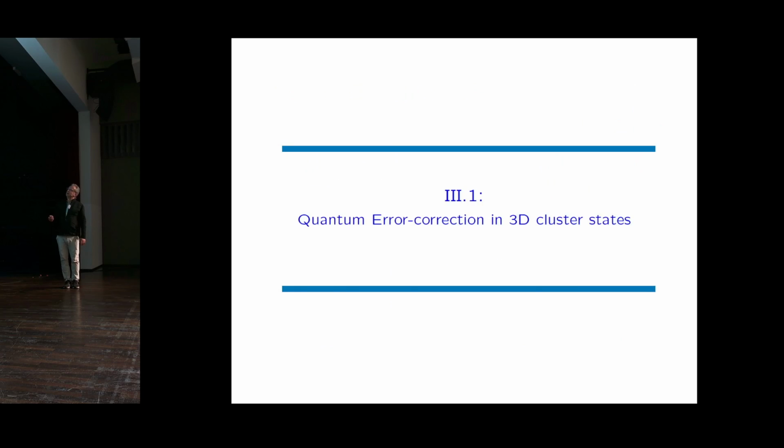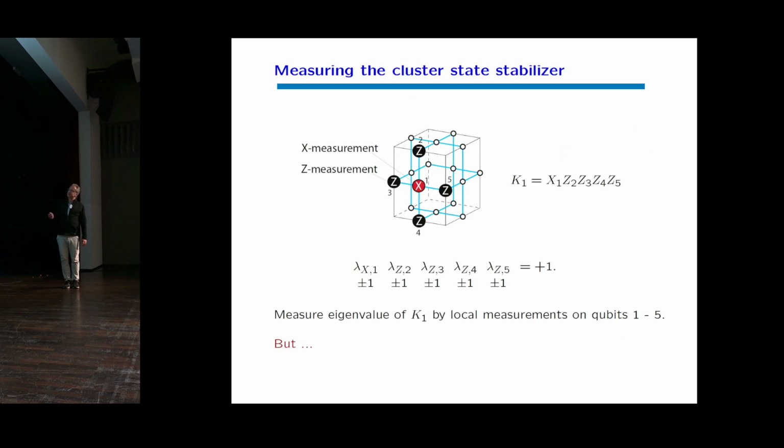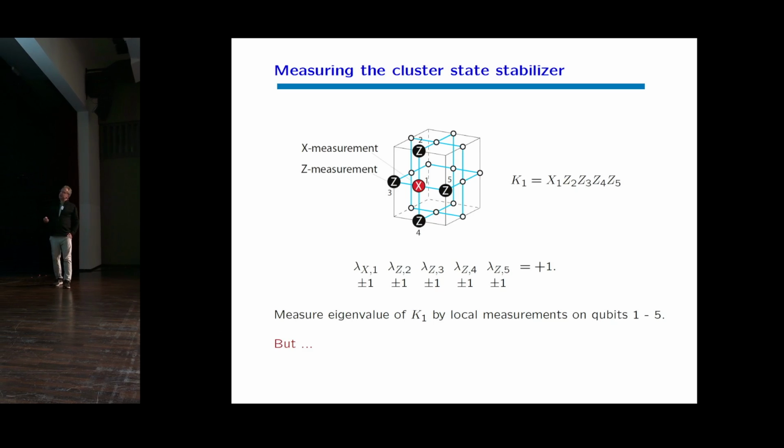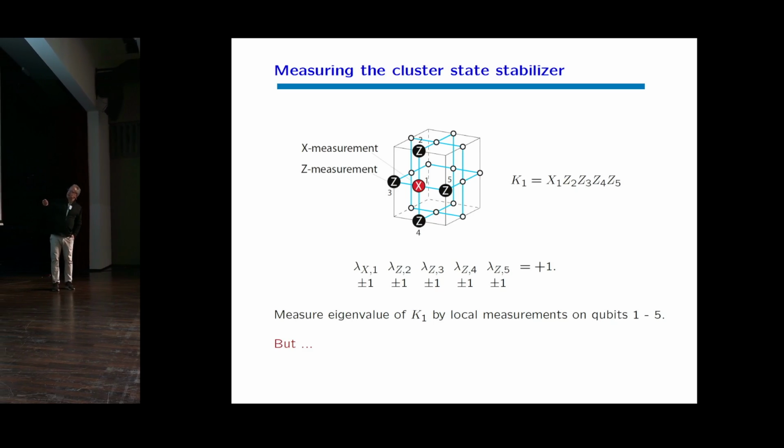Good. Okay, error correction. So let's talk about how you would do error correction here. Again, we have the cluster state stabilizer generator: an X in the center and Z's around on the nearest neighbors. So you could think, okay, let's measure that.